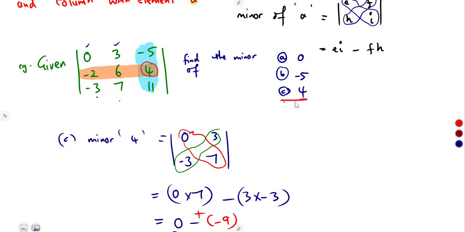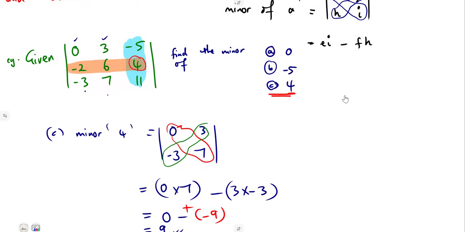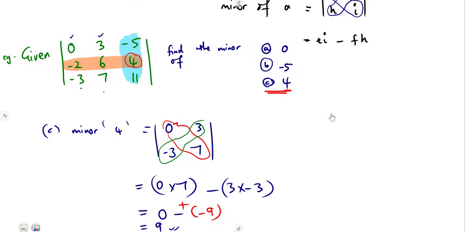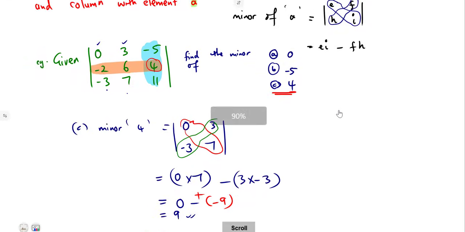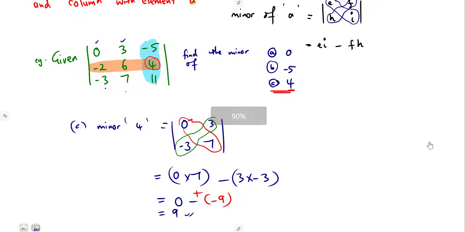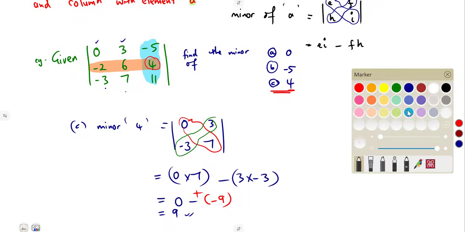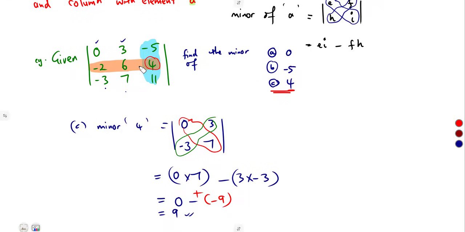In our case, the question won't be asking us about the minor, but the cofactor of 4. So I want to use this same determinant, but focusing now on the cofactor of 4.